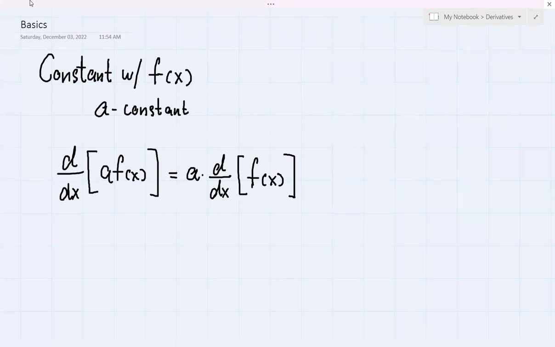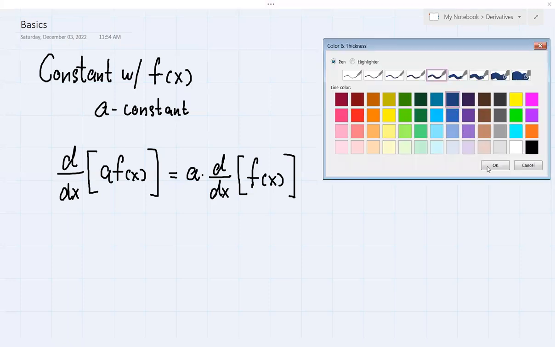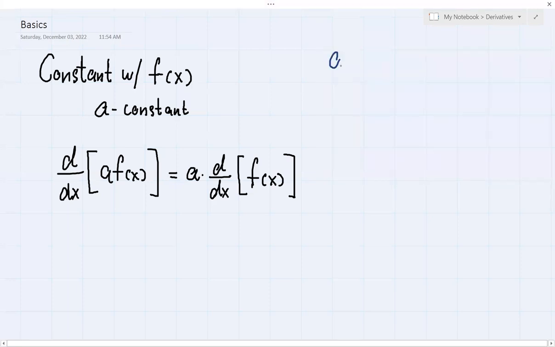Okay? So let me give you some of the examples. So we have the derivative of 3x squared. 3x raised to 2. Ayan. So, dito, okay, meron tayong algebraic function na x squared. So, how are we going to do that?